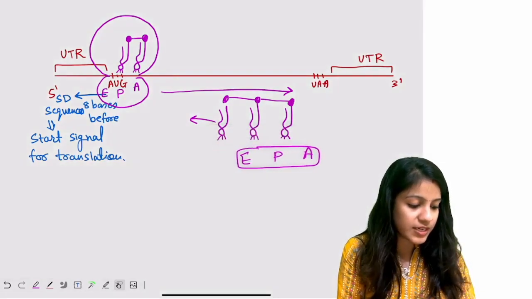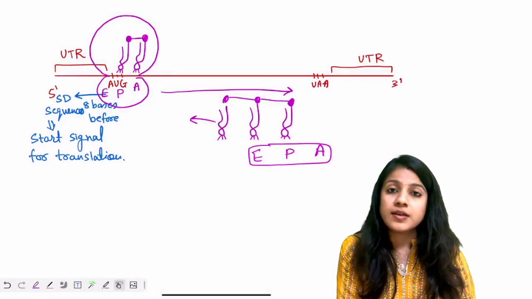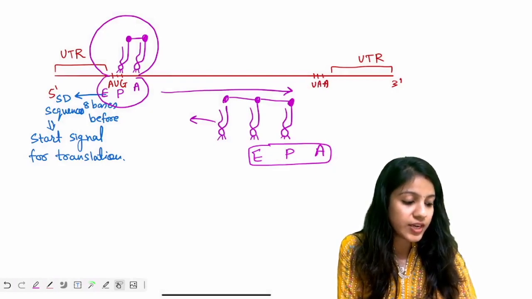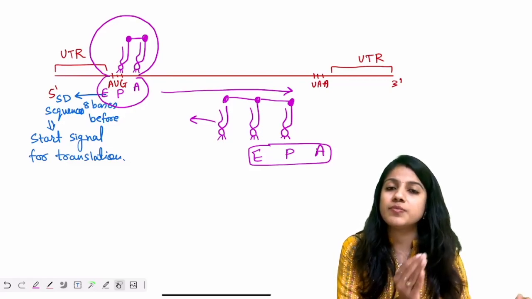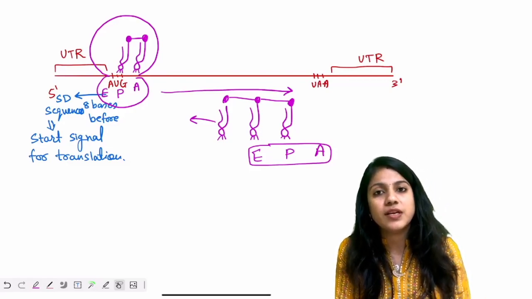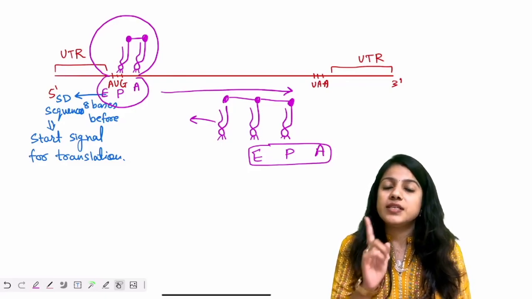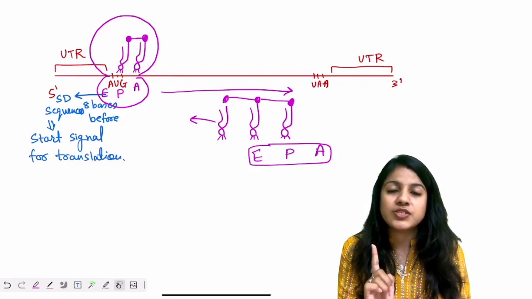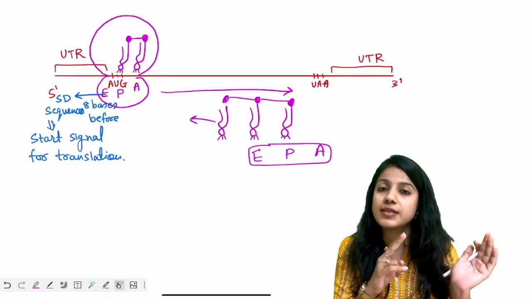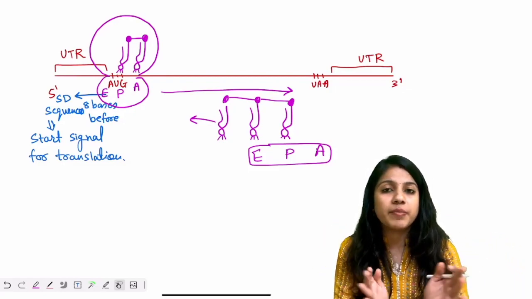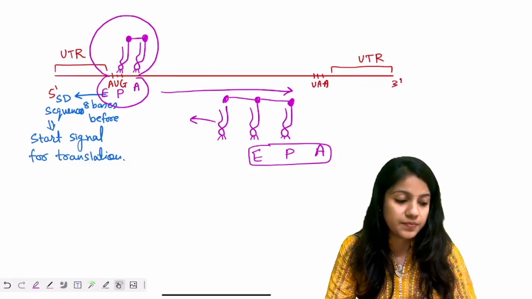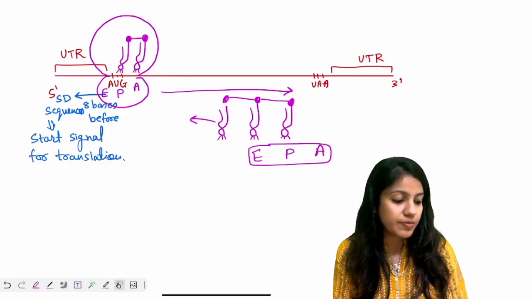Again, the A site is vacant, tRNA will come and bind on this A site, and similarly the process of protein formation will continue. Initiation is happening with the help of initiation factor. Elongation is happening with the help of elongation factor. Finally, releasing is happening with the help of release factor. So that is what the translation process is.